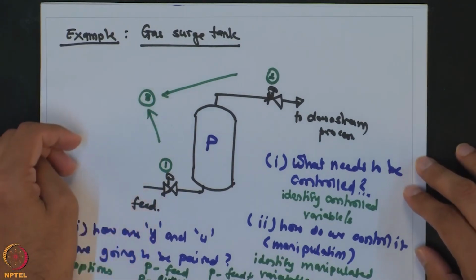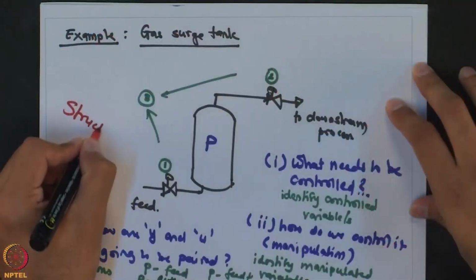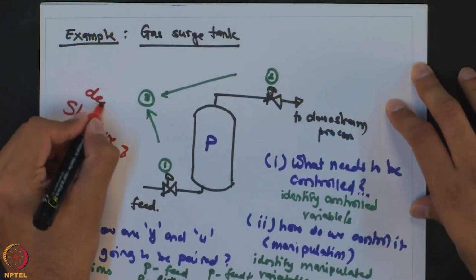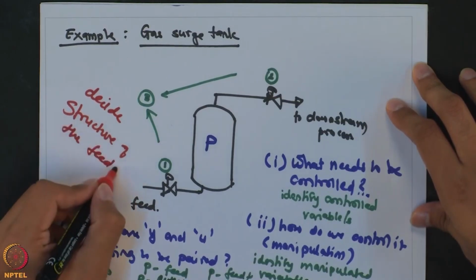So, all these three questions essentially decide what is going to be the structure of the feedback control system.